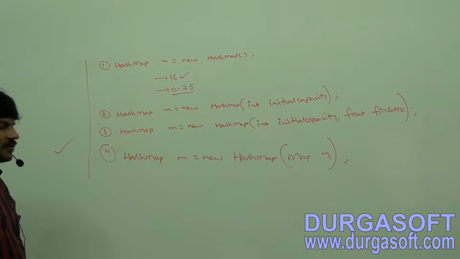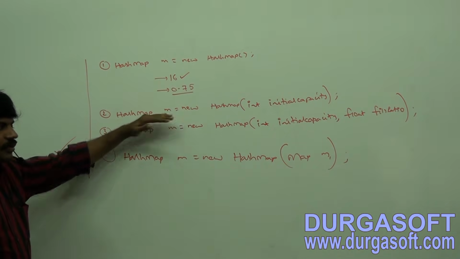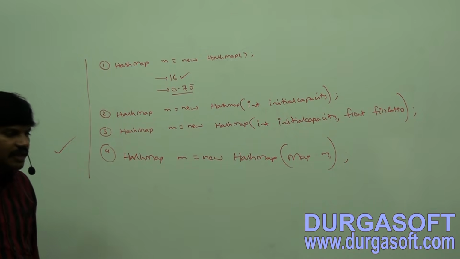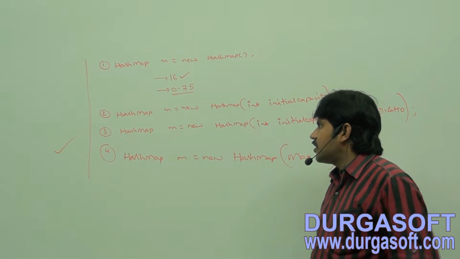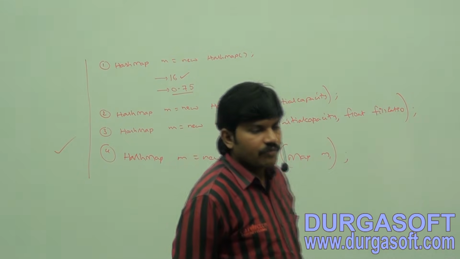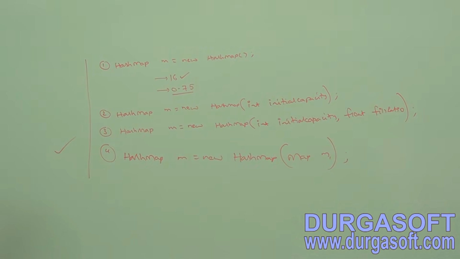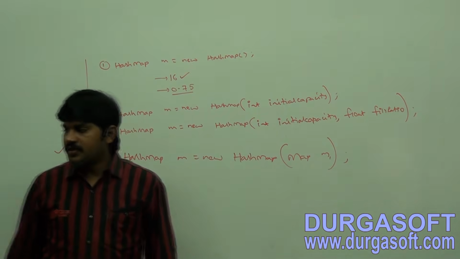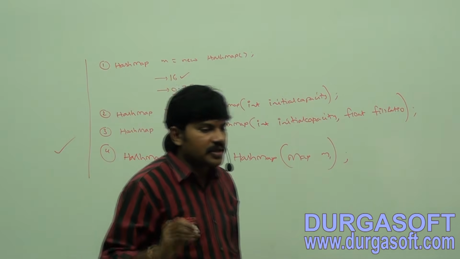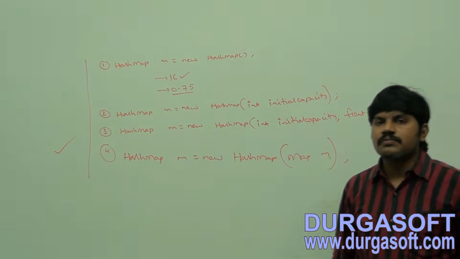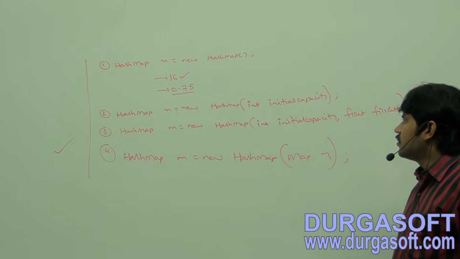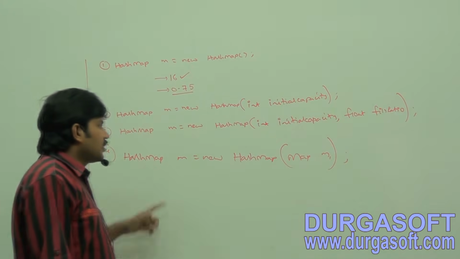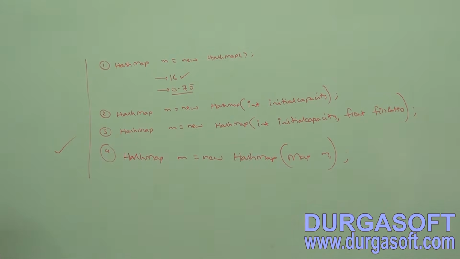It creates an empty hash map object with the specified initial capacity and the default fill ratio. What is the default fill ratio? 0.75.